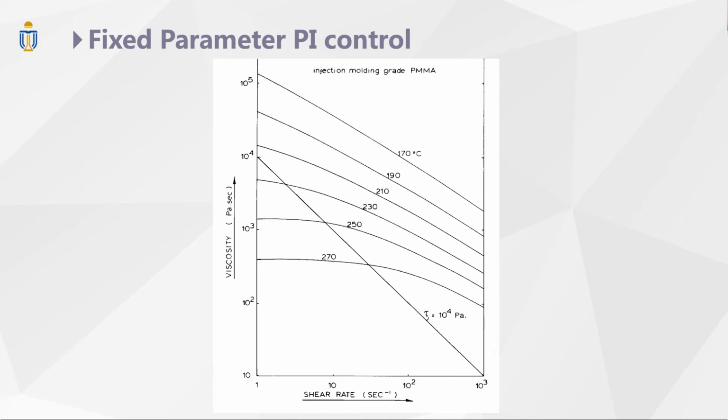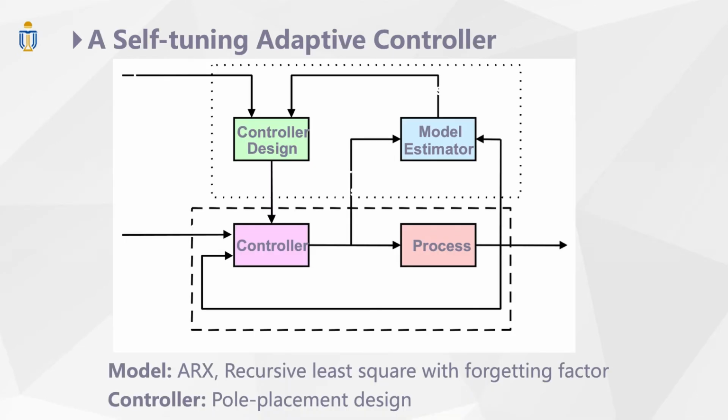So that indicates the machine has very, very strong nonlinearity. To address that, about 15, 20 years ago, we introduced self-tuning adaptive control to the injection molding process. I don't think we need to explain adaptive control to this community, so I'll skip this slide.